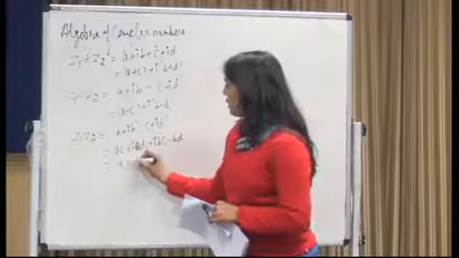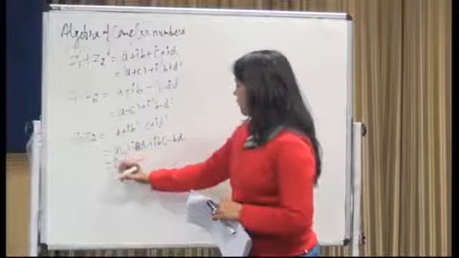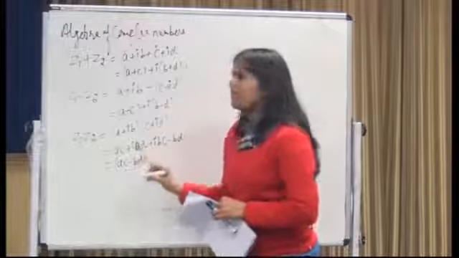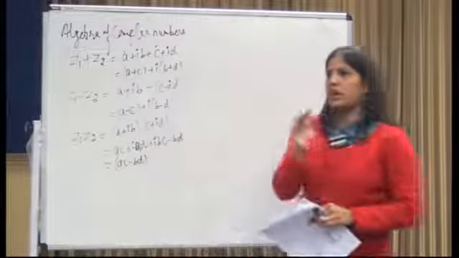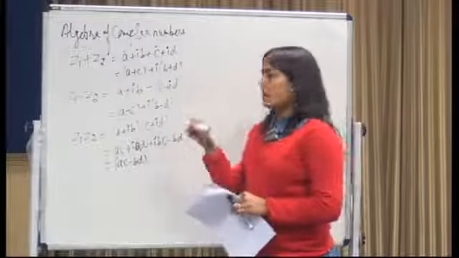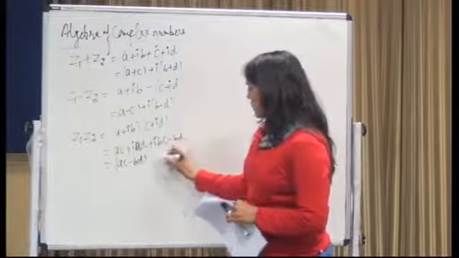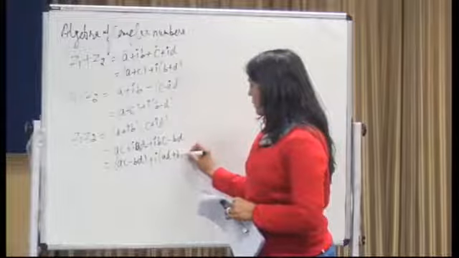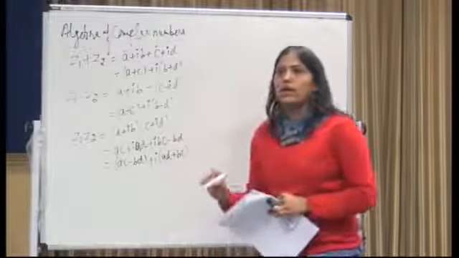So collect the real part separately: ac minus bd. This is how we write every complex number, real part first and then plus iota the imaginary part. With iota we are getting ad plus bc. This is how we multiply two complex numbers.